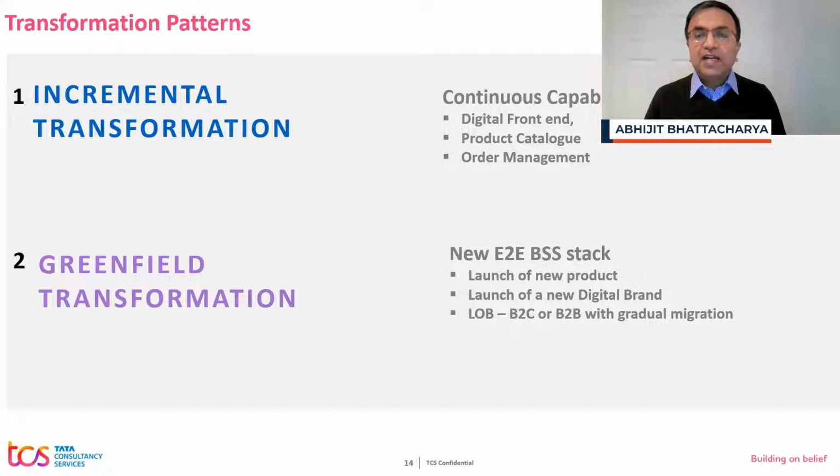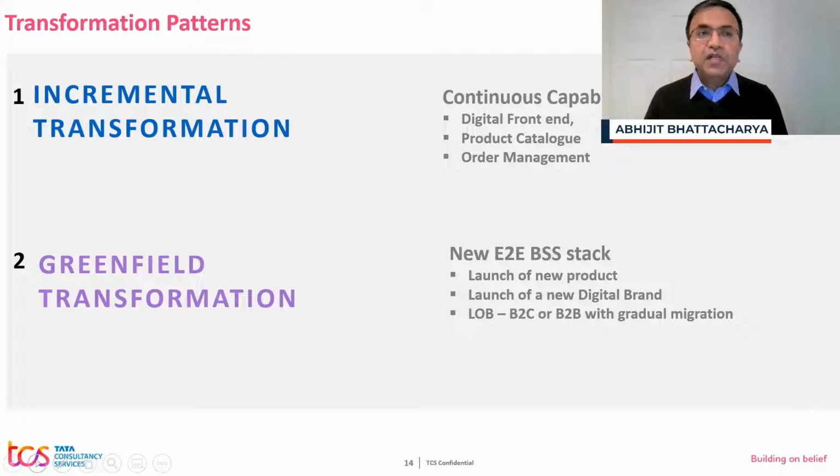Instead of building that onto an existing stack, they're building a new stack for that. Many of the incumbent telcos are launching a new digital brand to compete with the new entrants, and they are building a new stack for that, more of an MVNO stature. Similarly, some have also started investing in B2C and B2B greenfield. There are a few examples in the industry today where people have adopted the greenfield approach for B2C and B2B transformation.